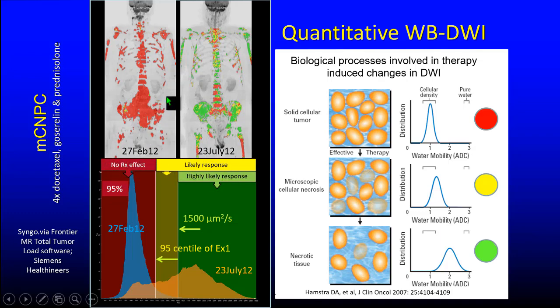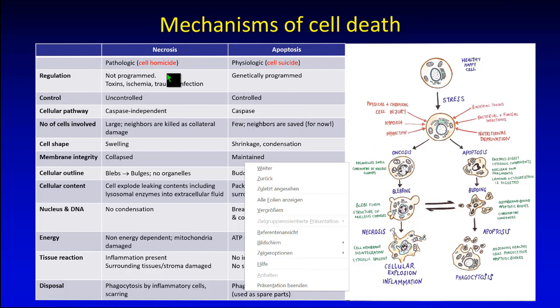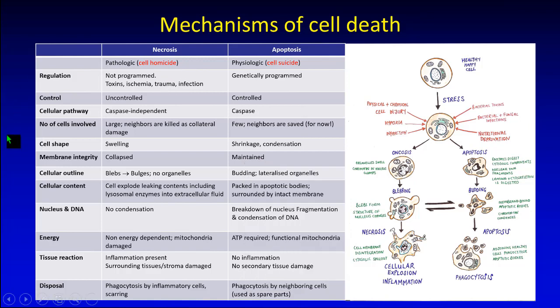And what you can see is after 4 cycles of docetaxel, so simple chemotherapy, we can say that the lumbar spine and the left leg, for example, continues to show evidence of disease. Okay, now, when you kill cells, there are several mechanisms, but from a radiological perspective, all you need to do is remember there are 2 ways to kill cells, okay?